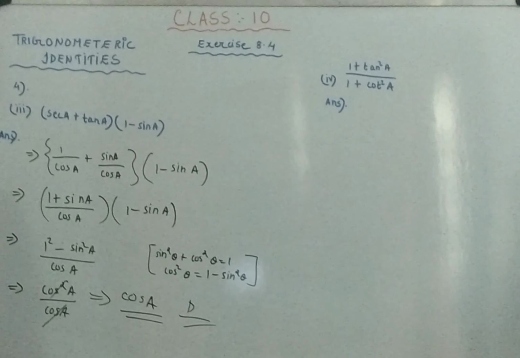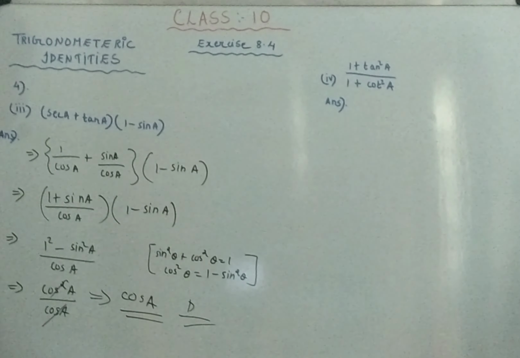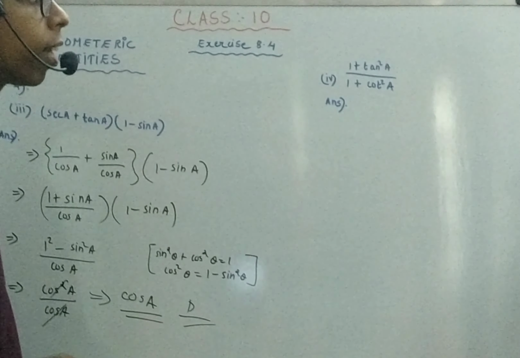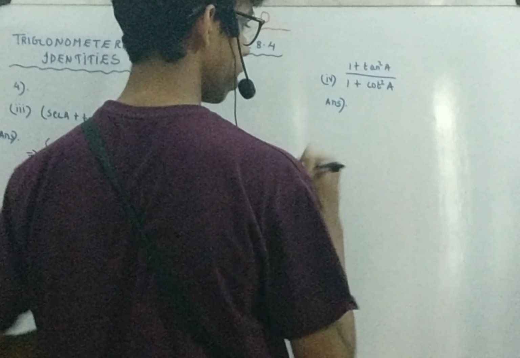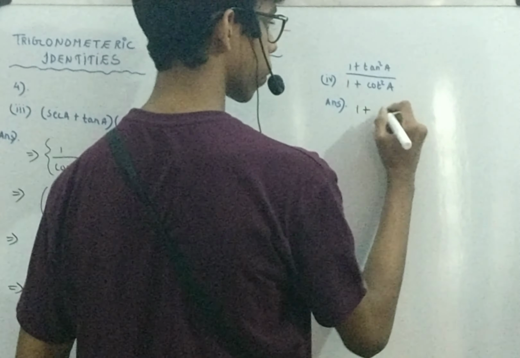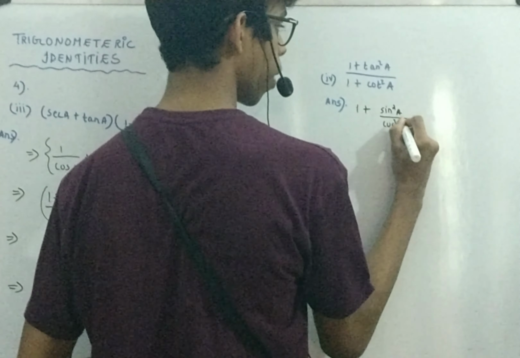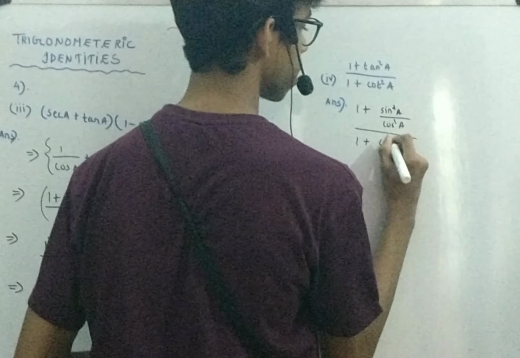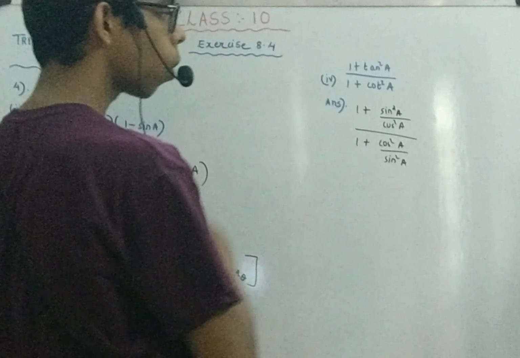Now the next one is 1 plus tan square a by 1 plus cot square a. We know tan can be written as sin theta by cos theta, isn't it? So I can directly write 1 plus, instead of tan square, sin square a by cos square a, the whole divided by 1 plus cot square a, which can be written as cos square a by sin square a, because cot is the reciprocal of tan.